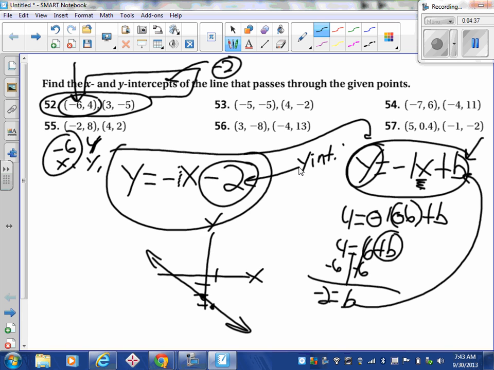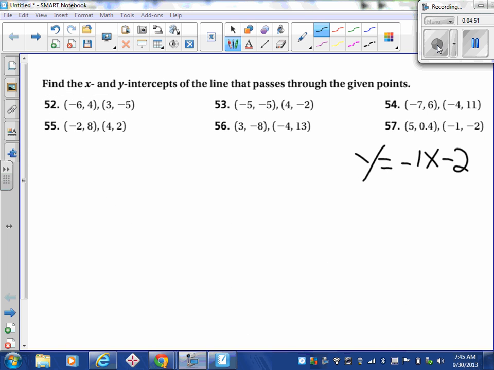And then my x-intercept would be, here's my x-axis. Line crosses right there. So that point on the graph would be my x-intercept. Okay, so this equation is slope-intercept.